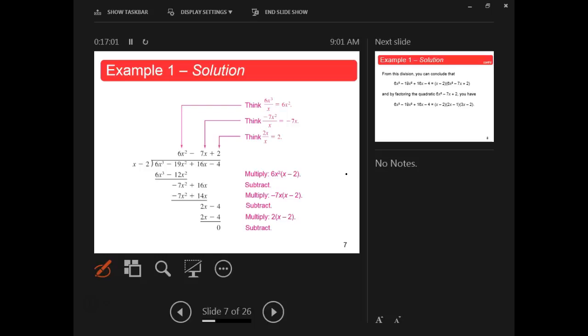Then you multiply: 6x squared times x is 6x cubed. 6x squared times minus 2 is minus 12x squared. Now they subtract without changing signs and adding. You can do it if you are comfortable doing that. To me, there's too likely a chance for sign errors.